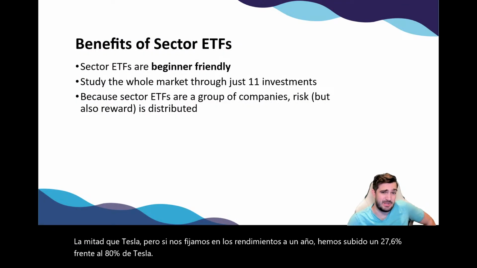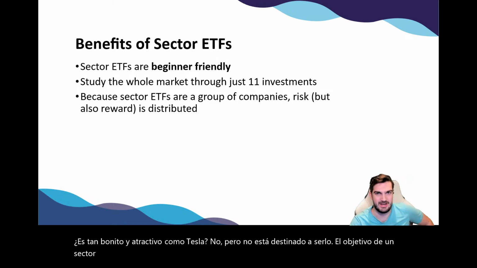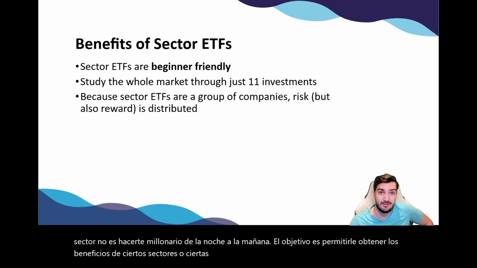Is it as beautiful and attractive as Tesla? No, but it's not meant to be. The goal of a sector is not to make you a millionaire overnight. The goal is to allow you to get the benefits of certain sectors or certain areas of the market or certain companies while avoiding some of the risk.